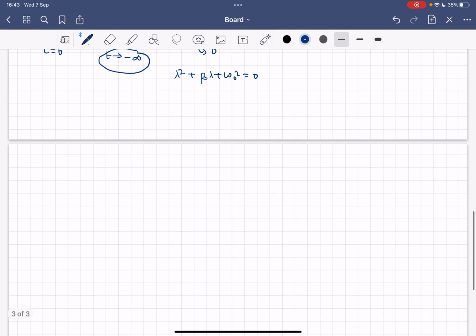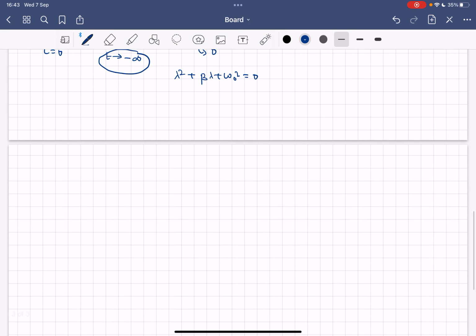I will use the quadratic formula, which gives lambda equals minus b, that is minus beta, plus or minus the square root of beta squared minus 4ac, that is 1 times omega naught squared, divided by 2a.